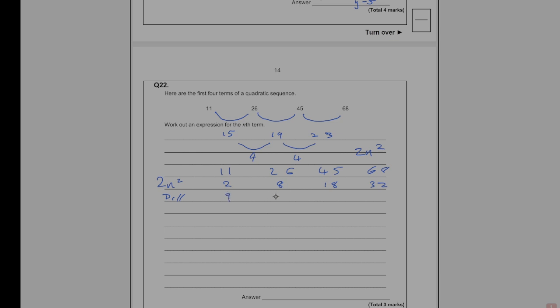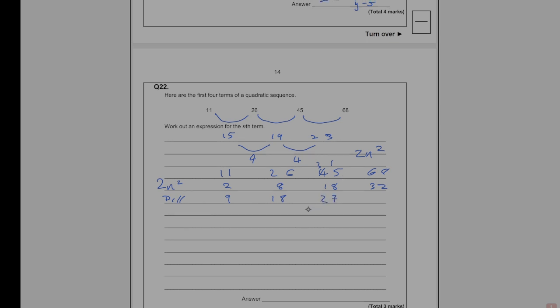Difference between those two numbers is going to be 18. Difference between those two numbers is going to be 27. Difference between these two numbers is 36. And then these are going up in 9s. Well, this is just the 9 times 2.